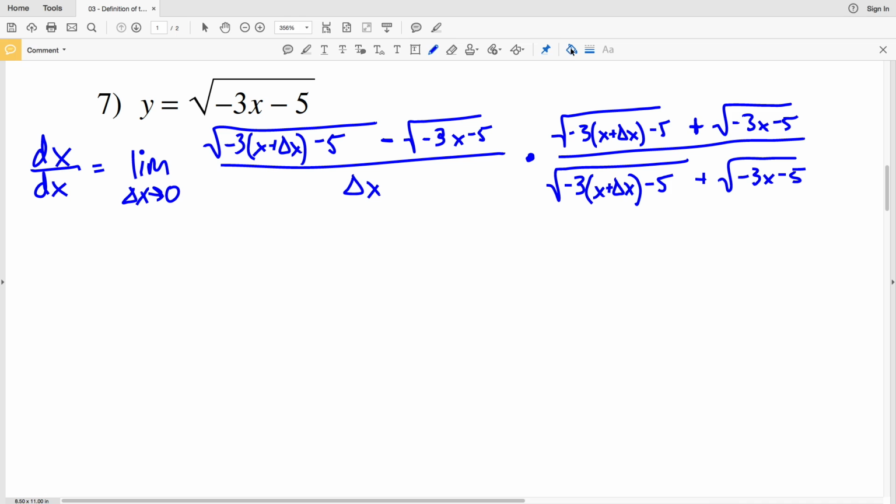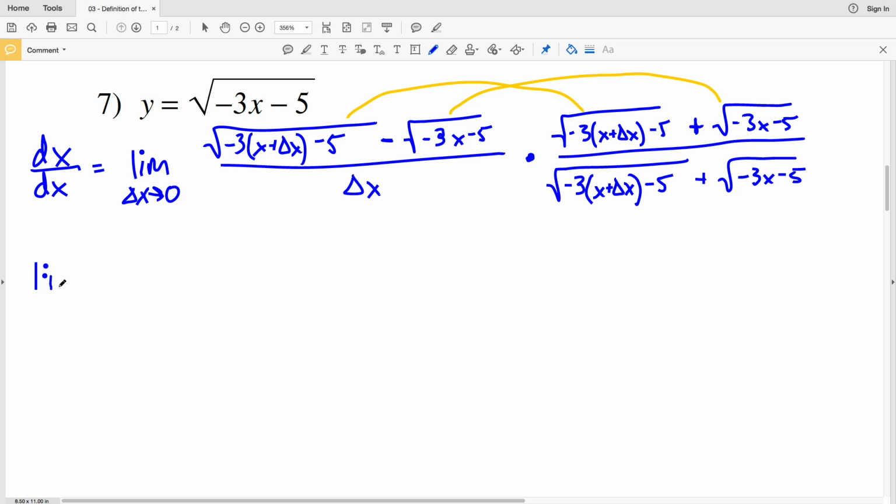Now, I multiply by the conjugate because think about multiplying a minus b times a plus b. That's going to leave you with a squared minus b squared. So when FOILing, we only need to pay attention to the first terms times the last terms because the inside and outside terms will cancel each other out.